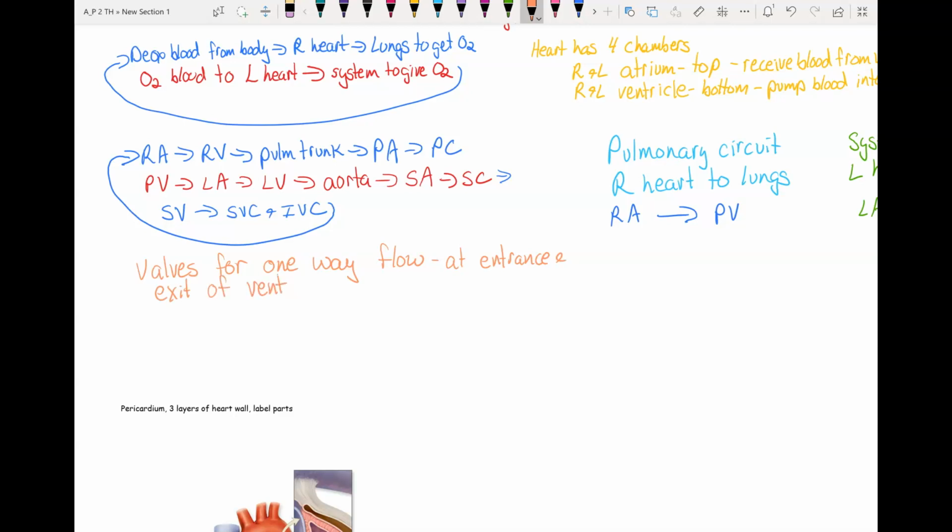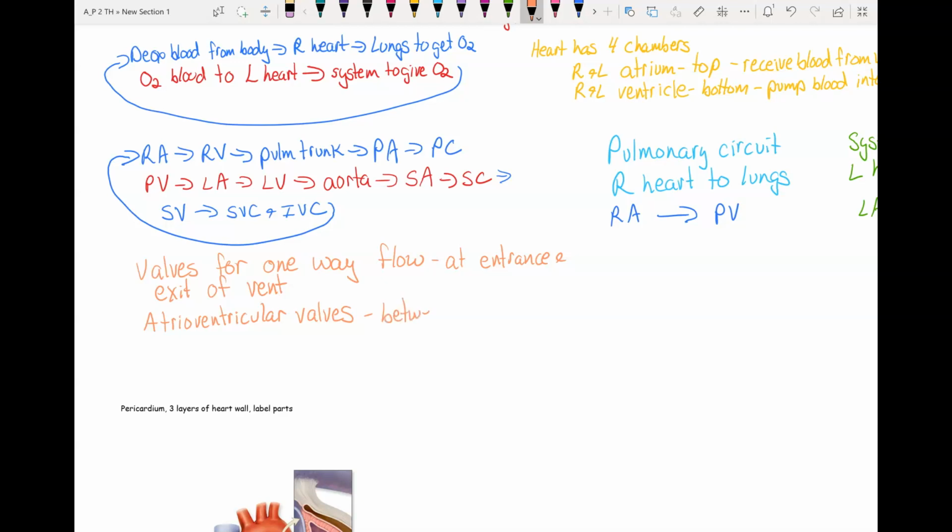So you have two AV valves, which stands for atrioventricular. These AV valves, as their name says, are between the atrium and ventricles. So these are at the entrance to the ventricle.